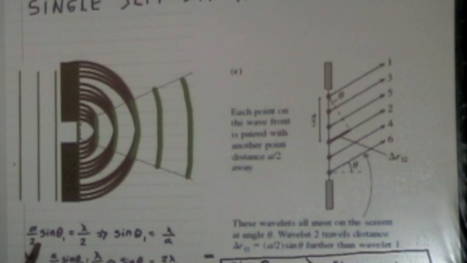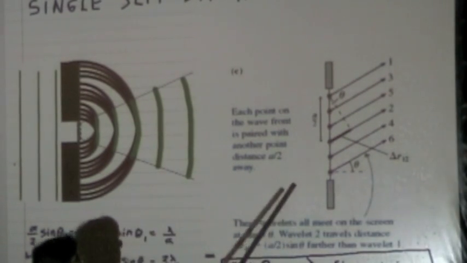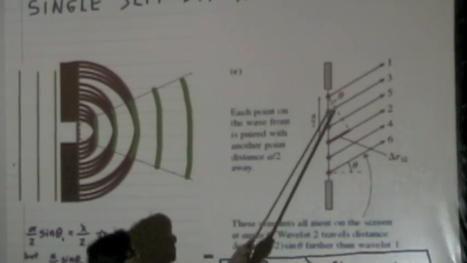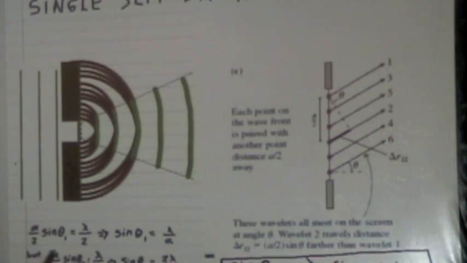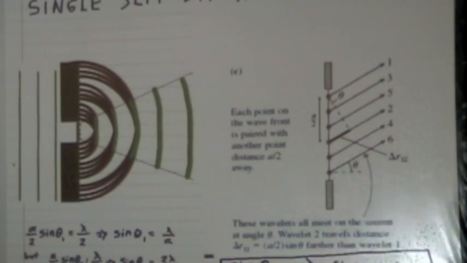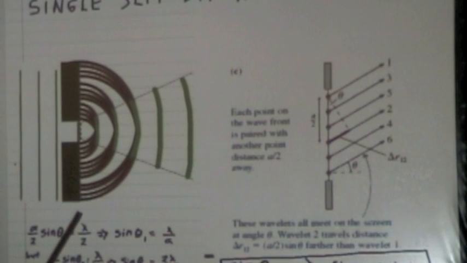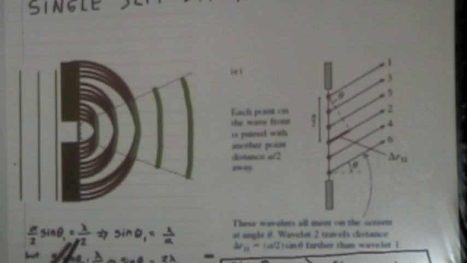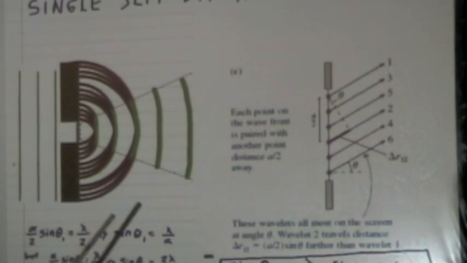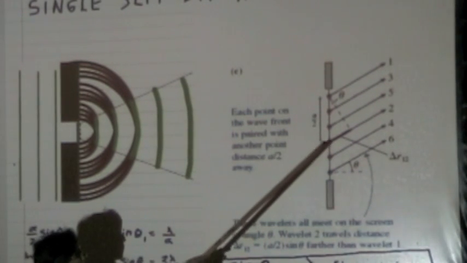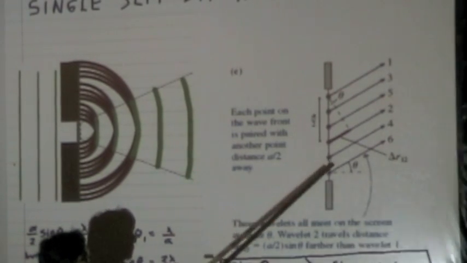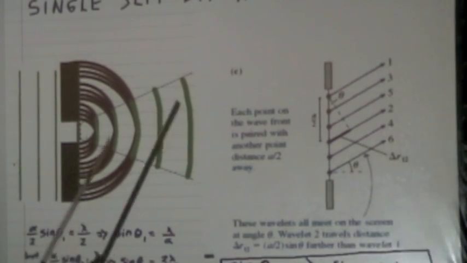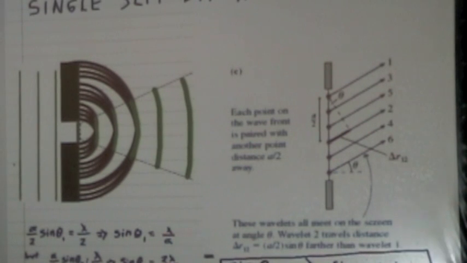So the condition that we're talking about is this one: the difference in path length, which we have agreed is this little section over here, between this wave and that wave should be half a wavelength, then those two waves are opposite in phase. So that means they're going to cancel each other. And the same will happen with the next two, the second and the third one. So if this is true, you can be sure that there will be a dark spot on the screen.